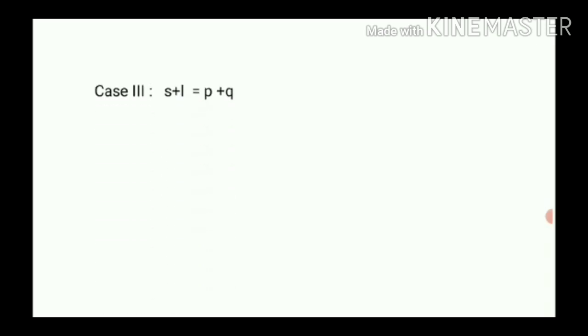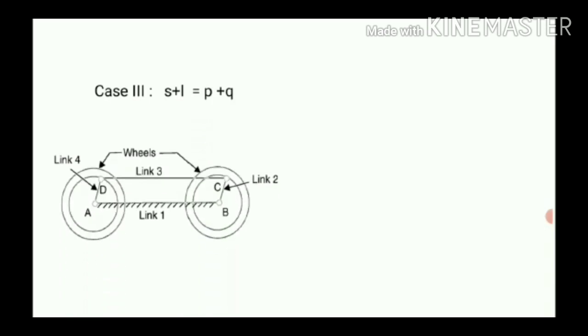Then third is what? S plus L is equal to P plus Q. Okay. Now here what happens? The longest link is going to be fixed, and the other link acts as a connecting rod or coupler.